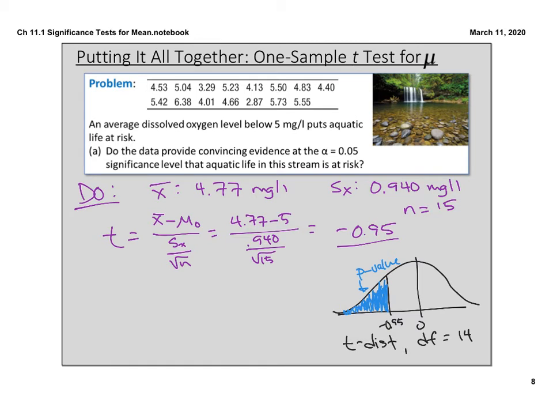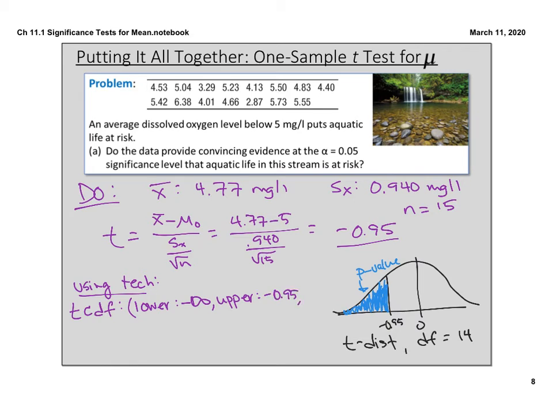I'm going to use my calculator. So using technology, here's where you can do TCDF. You have a TCDF option in your calculator. So we'll talk about where that is in just a second, but I'm going to write out the things that I need. Lower, I'm going from negative infinity. Upper is to that negative 0.95.